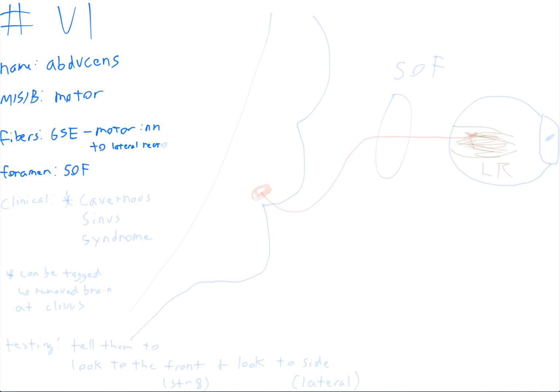Oh, I'm sorry, it exits at the pontomedullary junction. So it exits at the pontomedullary junction, goes through the cavernous sinus, and then enters the orbit through the superior orbital fissure.